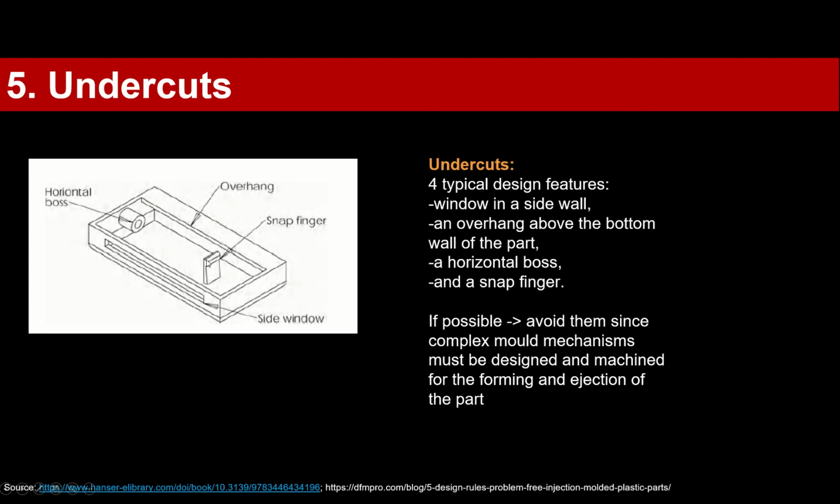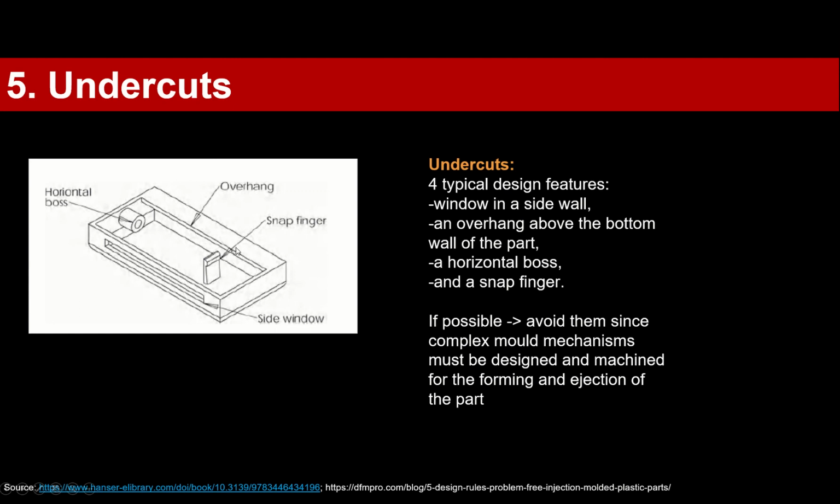Undercuts are everything which prevents the proper ejection of the part, and if possible you have to avoid them, since you need a much more complex mechanism in the design and in the machining of the part. Of course, we also have functional undercuts, what we have here, the horizontal boss and also the snap fingers.